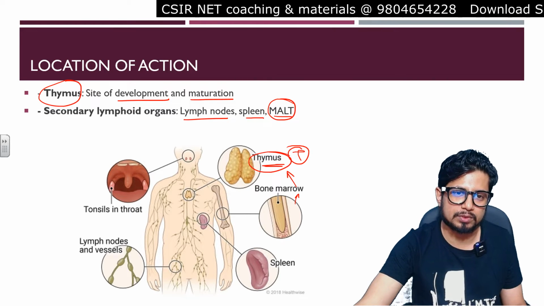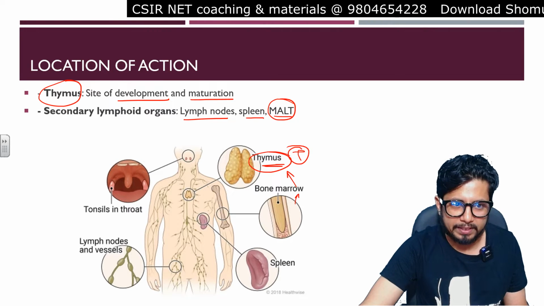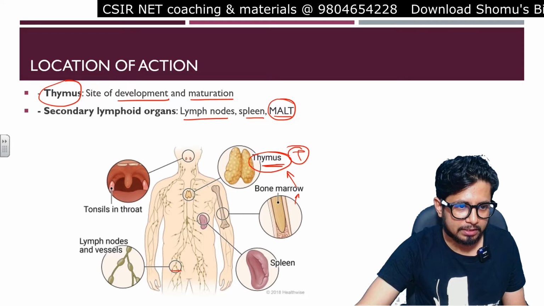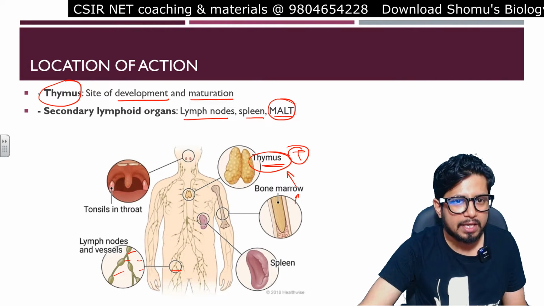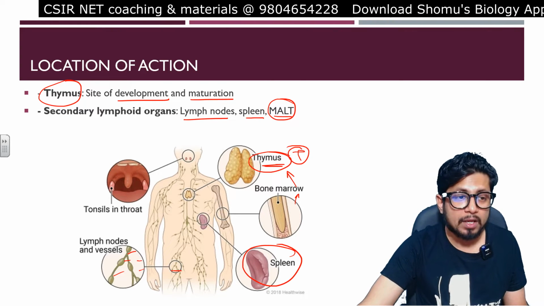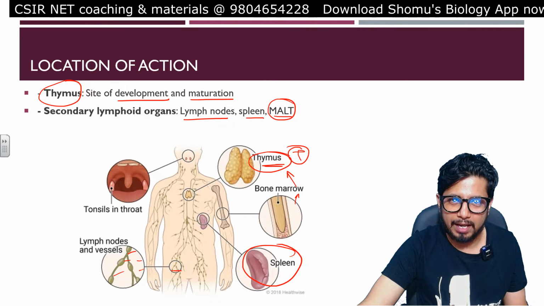MALT is mucosa-associated lymphoid tissue. These are all lymph nodes, you can see the dots clearly. Also the spleen is another secondary lymphoid organ where the T cells are quite abundantly present.